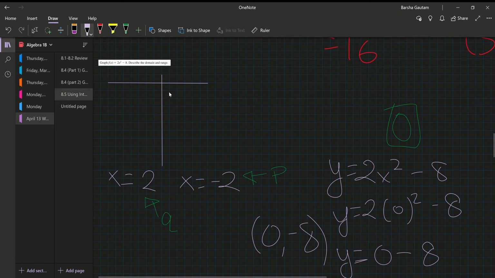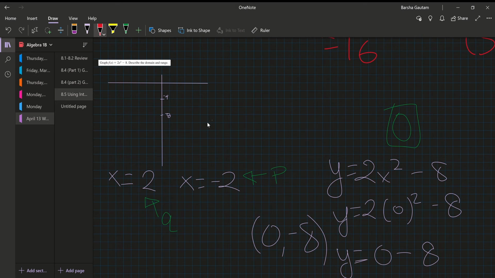Okay, on the y-axis at least. And remember, these are negative.